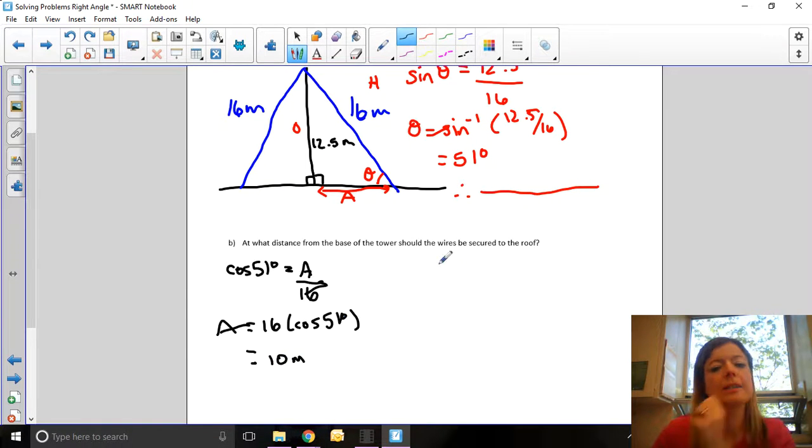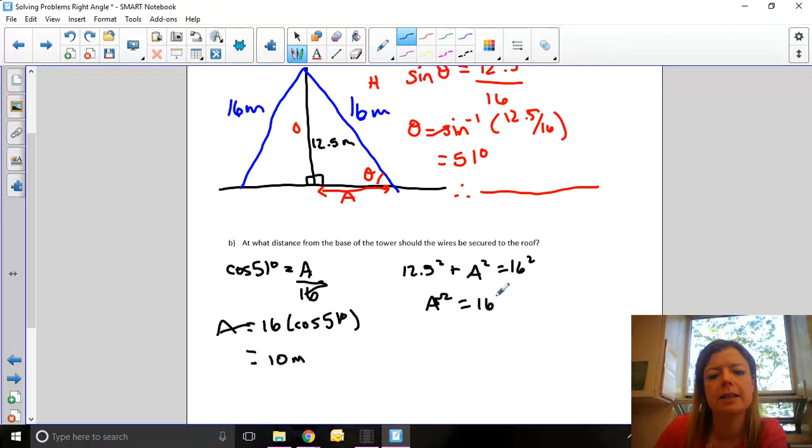Okay, likewise, I could set up Pythagorean theorem. So 12.5 squared plus A squared equals 16 squared. Remember, the number that it equals has to be the hypotenuse. So A squared equals 16 squared minus 12.5 squared.